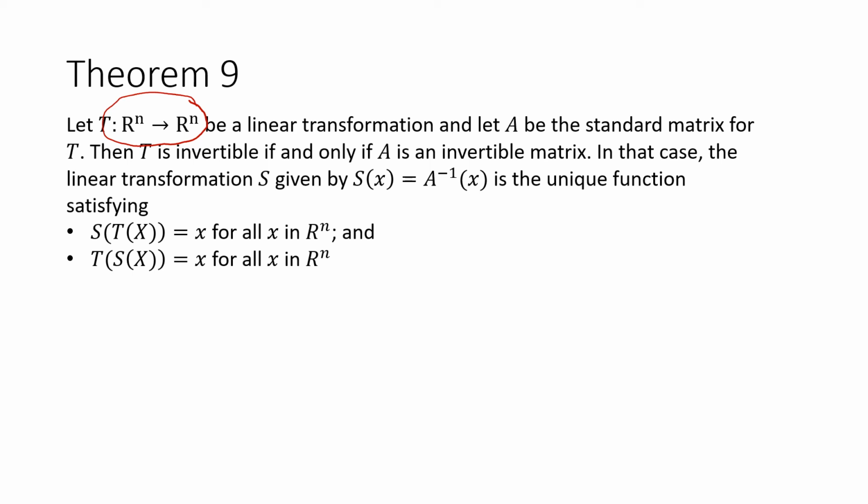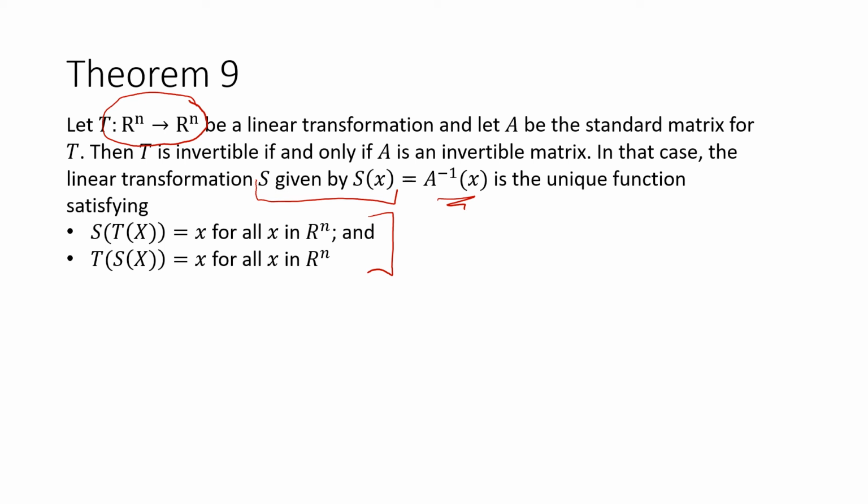Moreover, this theorem says that if we have that inverse transformation, we'll call it S, the reverse transformation. That transformation is the same as multiplying by the inverse matrix. The last two points summarize it. Applying T to a vector, then applying S brings you back to the original vector.